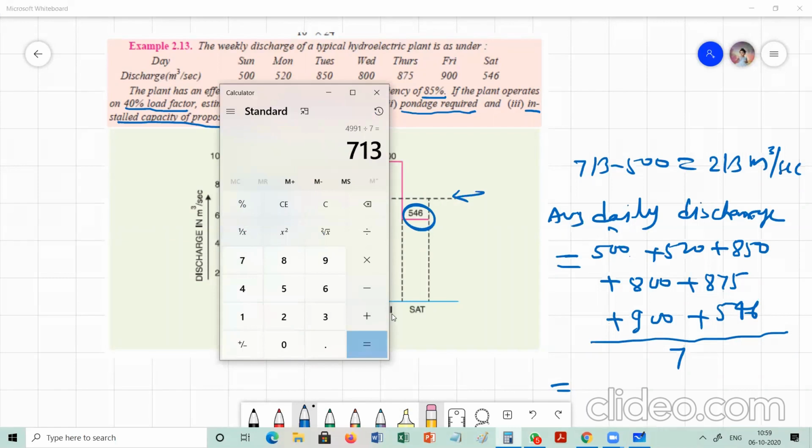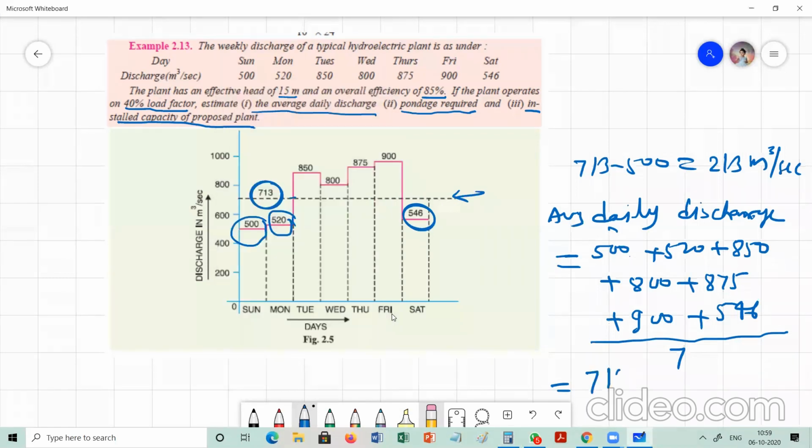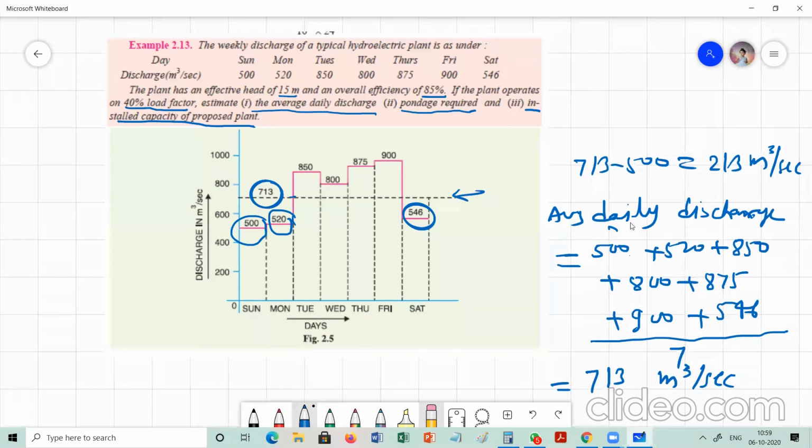It is equal to 713. Okay, and it is shown in the graph. First we calculate this number, which is obviously in meter cube per second, and then we will show it on the graph. So the first part is solved.